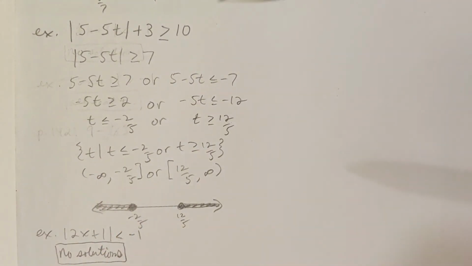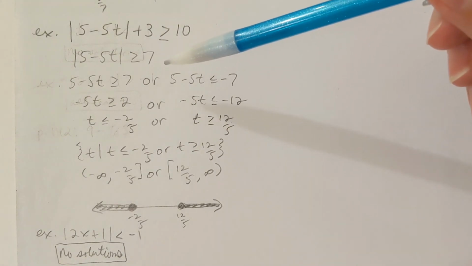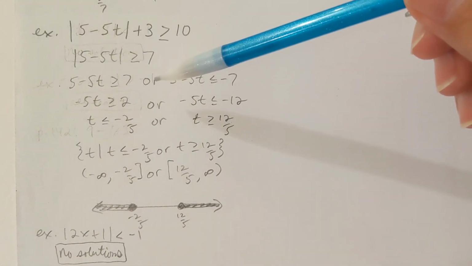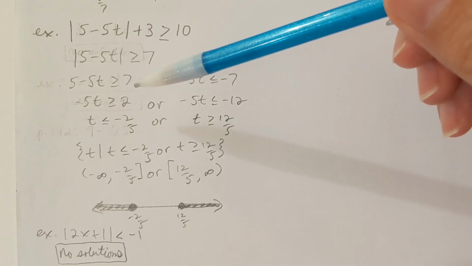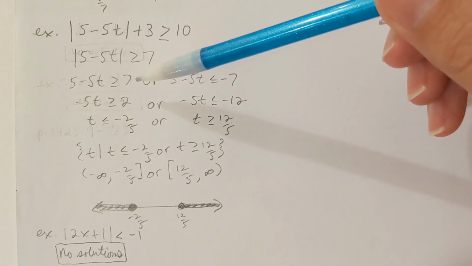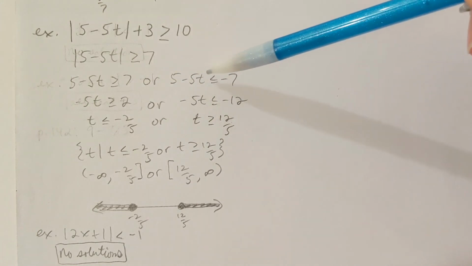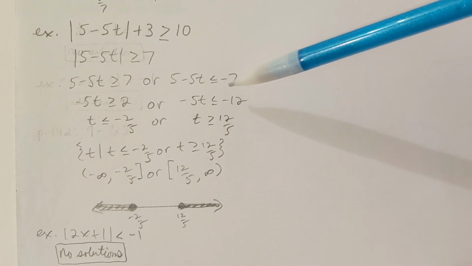Okay. Here's another one. The absolute value of 5 minus 5t greater than or equal to 7. Well, here's another greater than or equal to. 5 minus 5t greater than or equal to 7, or 5 minus 5t less than or equal to negative 7.